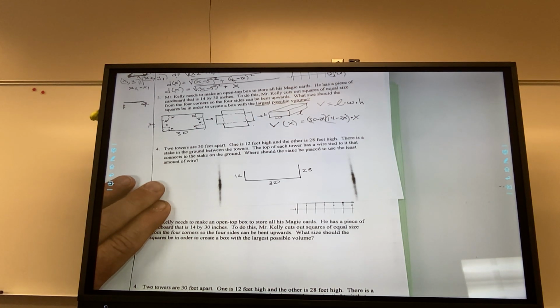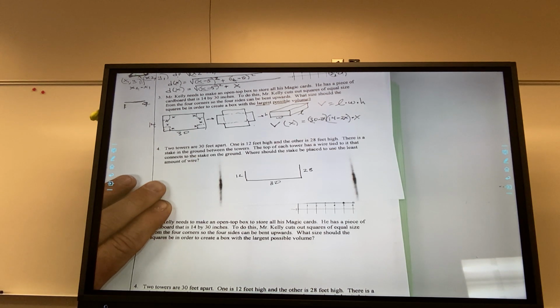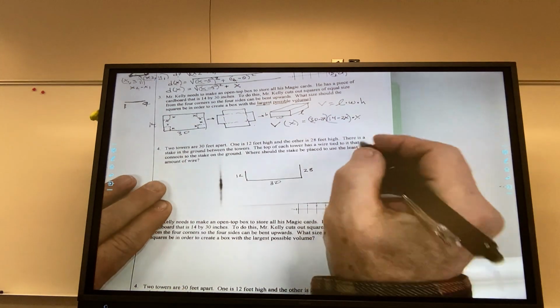It says there is a stake in the ground between the two towers. The top of each tower has a wire tied to it so that it connects to the stake on the ground. Where should the stake be placed to use the least amount of wire?